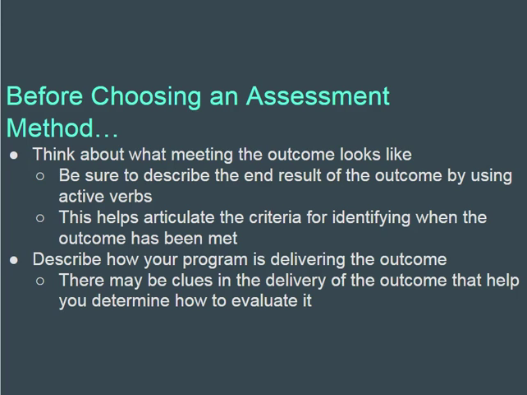When we're thinking through how we're actually going to assess what's going on, framed through those outcomes, we want clearly articulated criteria so that we know when an outcome has been met. We also need to describe the how.